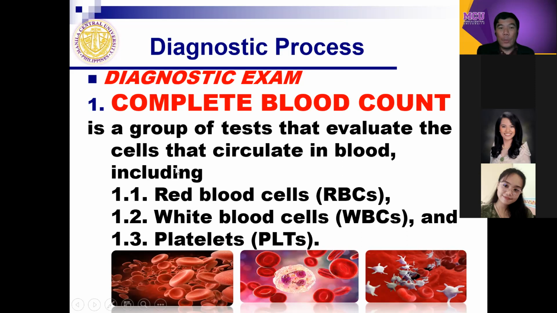To give you an overview, for the red blood cell, we consider the level of oxygenation and blood consistency or viscosity. For the white blood cell, we consider parameters related to infection or inflammation, and for platelets, we consider the clotting, blood clotting.